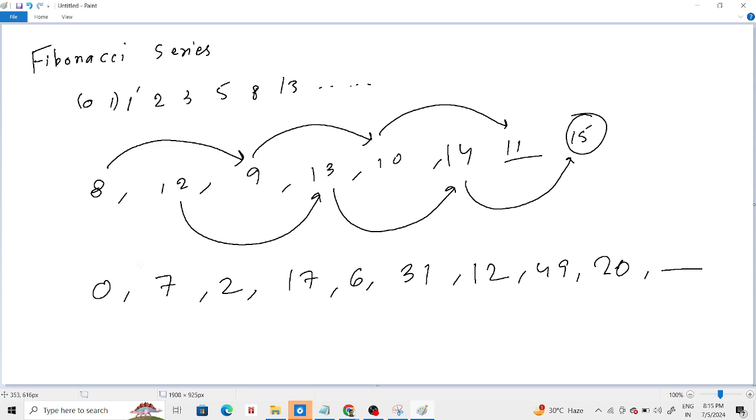You see 0, 7, 2, 17, 31, 12, 49, 20, like this it is going. Try to find out the pattern.